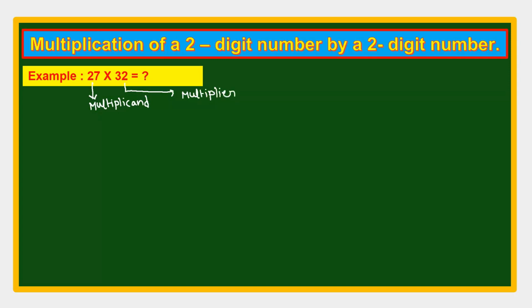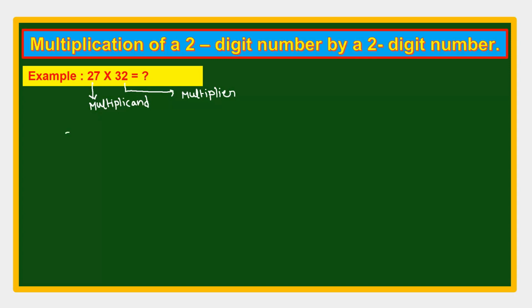Multiplicand means the number to be multiplied. And multiplier means the number with which we multiply is called the multiplier. So now I'll explain using the shortcut way.